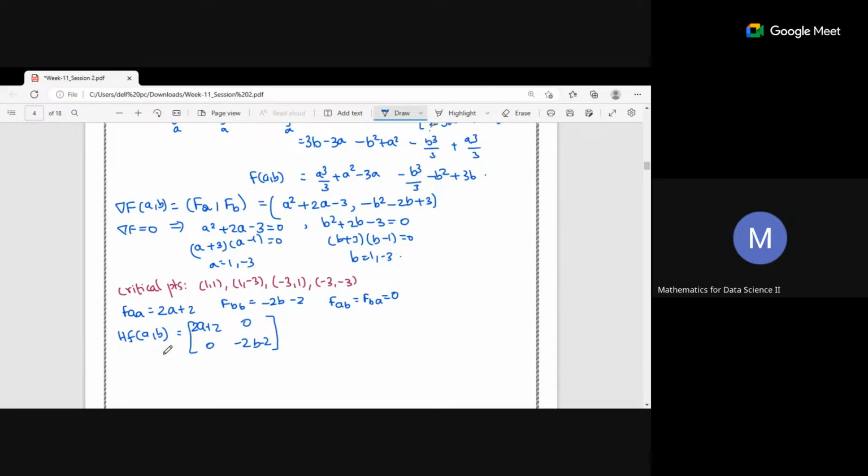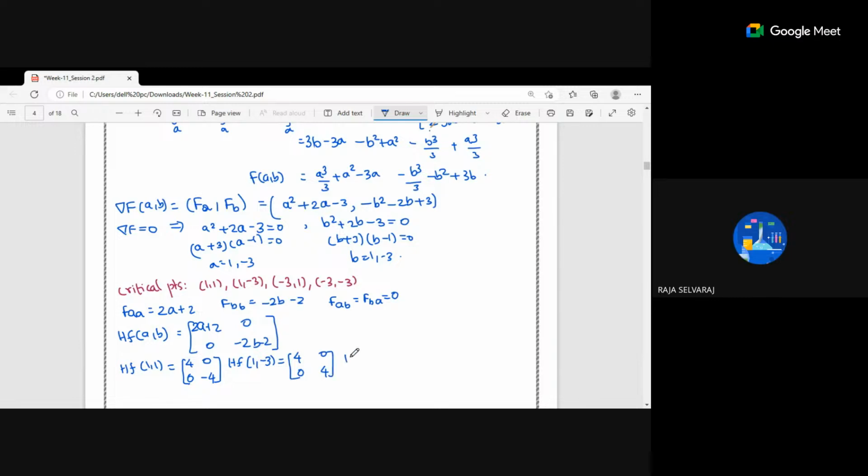Okay. Now let us apply the values. What is Hf of (1, 1)? The matrix will become [4, 0; 0, minus 4]. And what is Hf of (1, minus 3)? It is [4, 0; 0, 4], since here minus 2 times minus 3 minus 2 is 4.